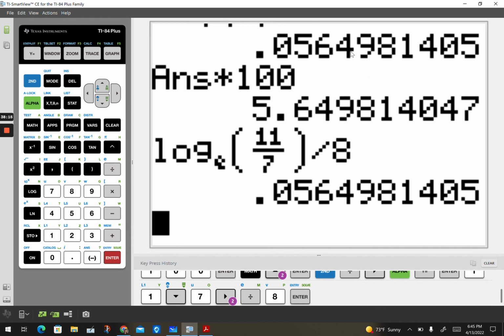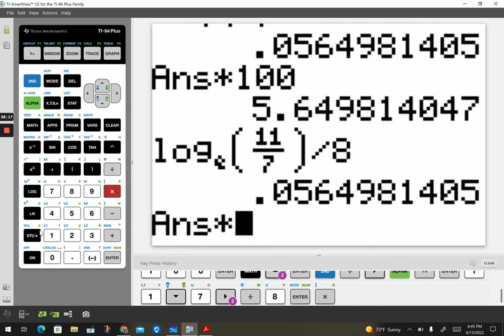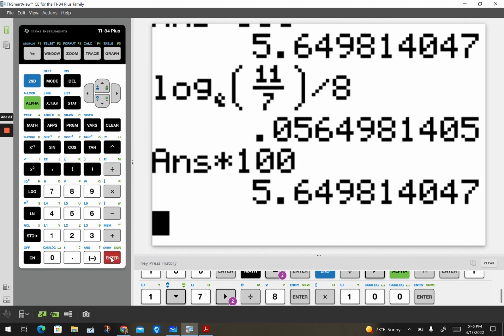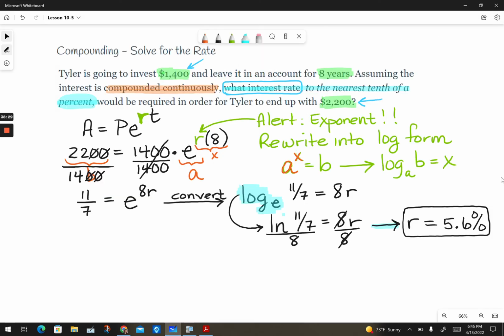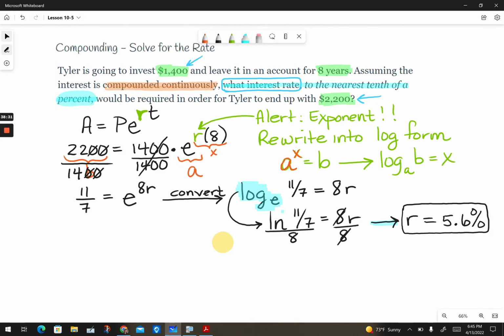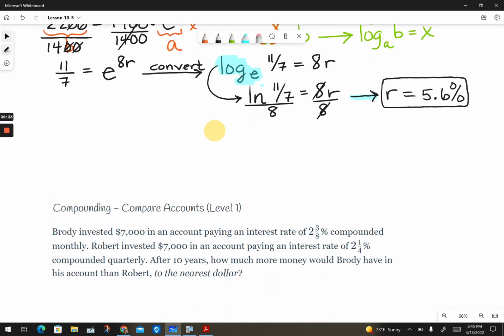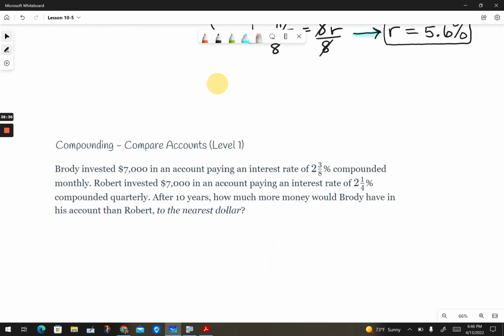Here's that problem, and the final answer, rounded to the nearest dollar, is going to be $114 more.